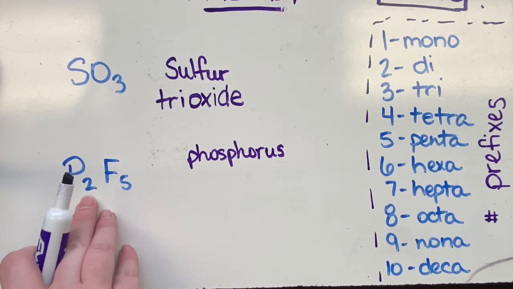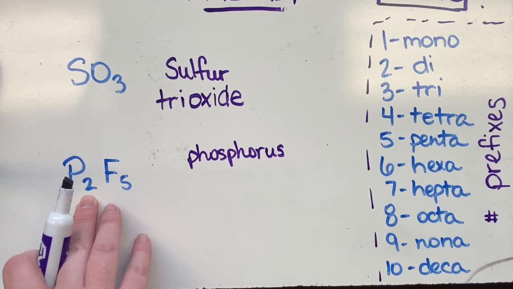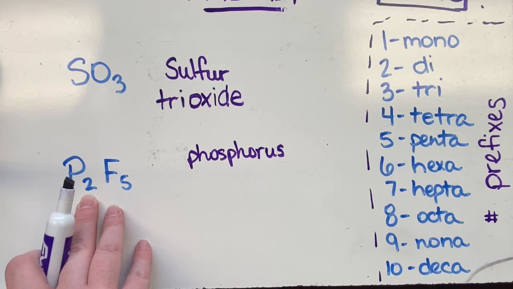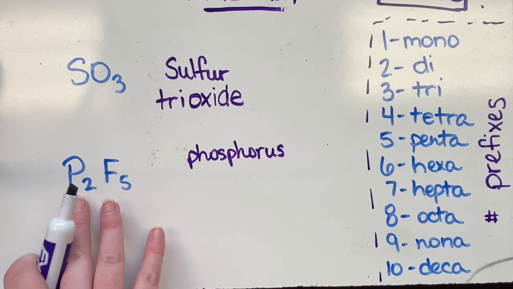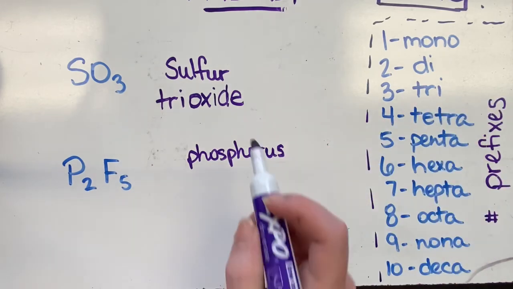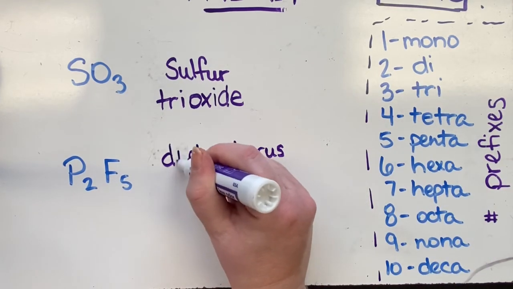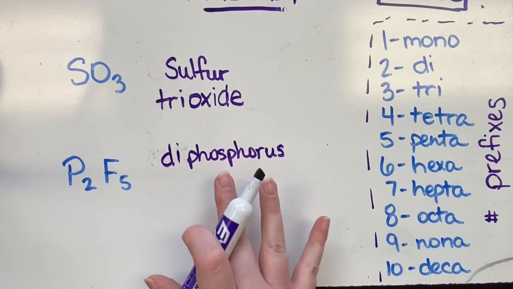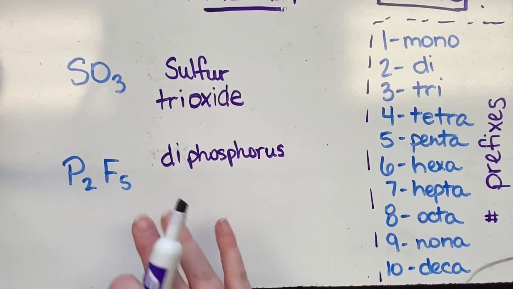Since I see a 2, I need to include a prefix with this first element. Remember, the only time we will not include a prefix is if it's on the first element and there's only 1. So since I do have this 2, I see it matches up to di, so I will include the prefix di. So the first part of my name is diphosphorus.